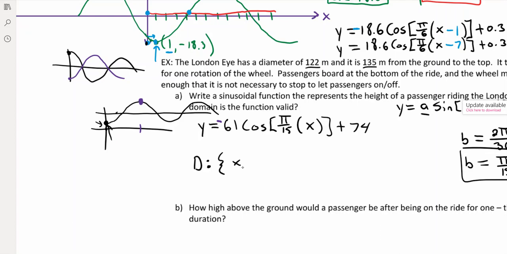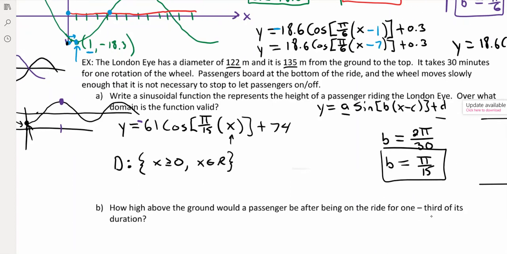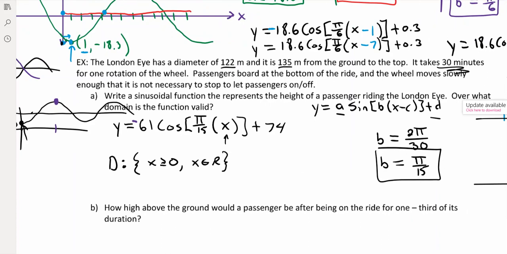So we'll say x has to be greater than or equal to 0, where x is a member of the real numbers. And maybe I've been clear enough about that too. When we're doing this, our x value in these cases was time. And we knew that because of the 30 minutes that we had in there. So yeah, we could have had t's in there as well. They'd be fine.